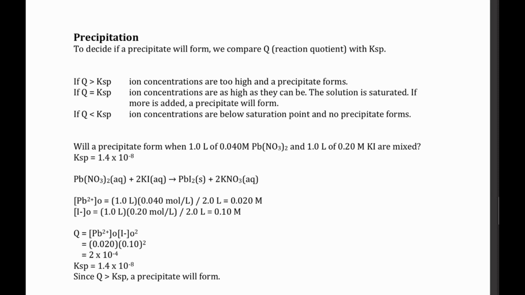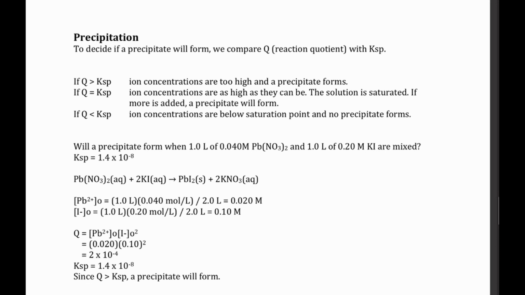If Q happens to equal KSP, then the ion concentrations are right at their saturation point. They're as high as they can be, and a precipitate will not form, but if any more is added, a precipitate will form. If Q comes out to be less than KSP, so there aren't so many ions, then a precipitate will not form. The solution still could take a higher ion concentration.